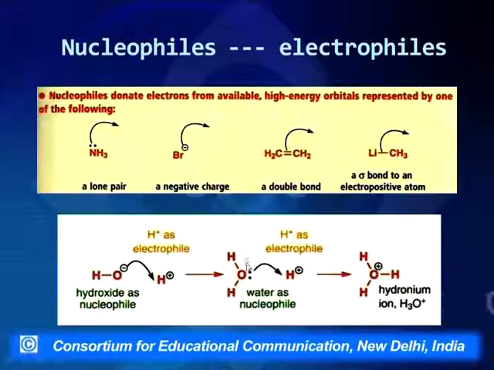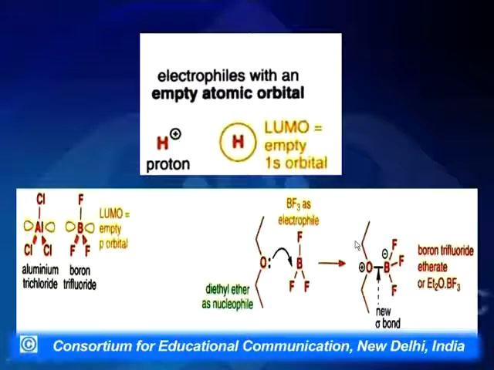Water again acts as a nucleophile through lone pair of electrons on oxygen. Here OH is acting as a nucleophile due to negative charge. Here it is acting due to lone pair of electrons. It forms a bond with H plus and it gives us a hydronium ion. So again, a very beautifully illustrated example of flow of electrons from nucleophile to electrophile.